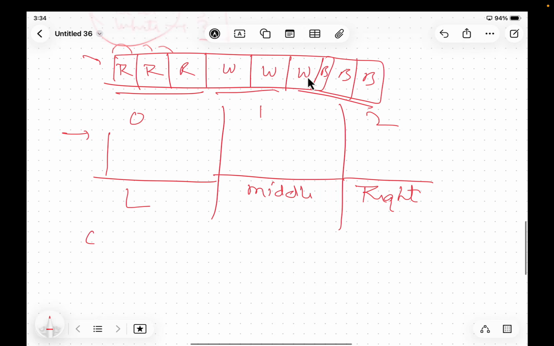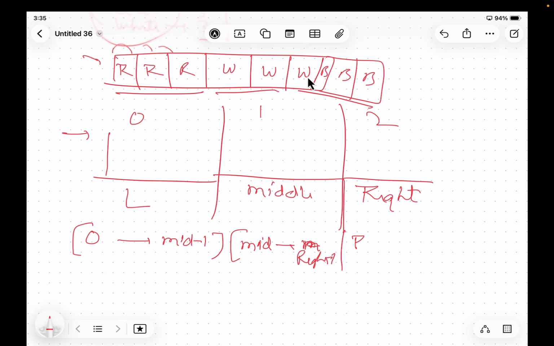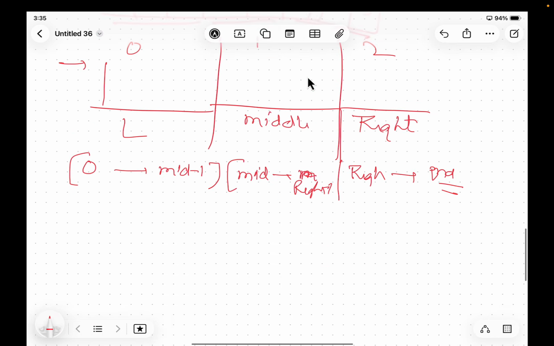So what does it mean? 0 to mid minus 1 is left, then mid to right minus 1, and then right to end. Something like that, I'm just giving you an analogy. The left side is all 0, the middle is all 1, and the right side is all 2. So this is the categorization.